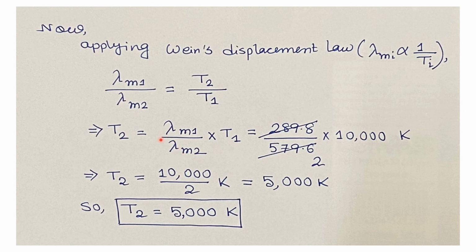Now in the question it is given that lambda m1 equals 289.8, lambda m2 equals 579.6 nanometer, T1 is given by 10,000 Kelvin. So if we divide 579.6 by 289.8, then we'll get 2 in the denominator, and 2 will divide the 10,000. So effectively we will get the temperature of the blackbody radiation as 5000 Kelvin. So 5000 Kelvin is the correct answer for this question.